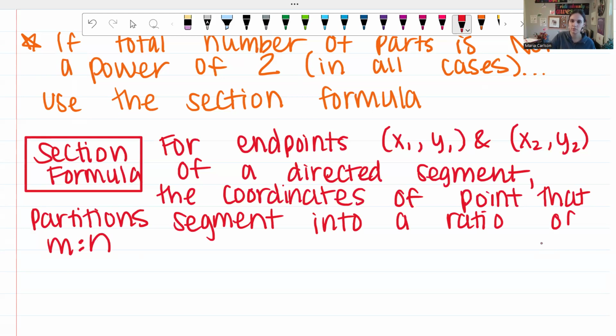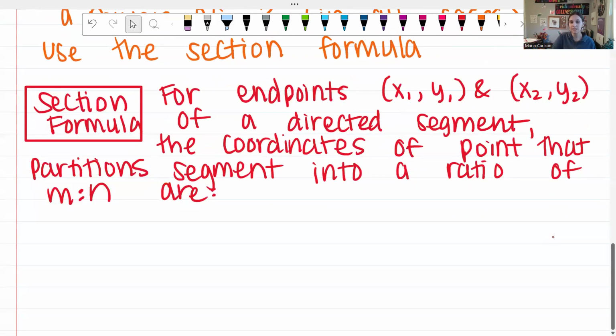Oops, I didn't write "of." So again, we are finding the coordinates of a point that partitions the segment into a ratio of m to n.